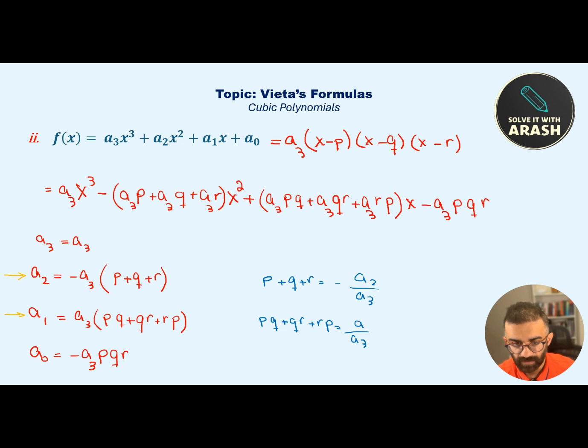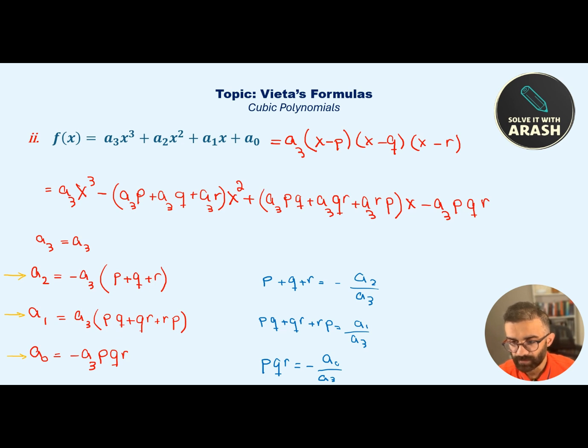The product of roots, which is another symmetric sum, can be found using the last equation, where pqr equals negative a0 over a3.